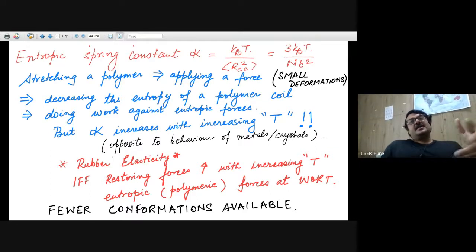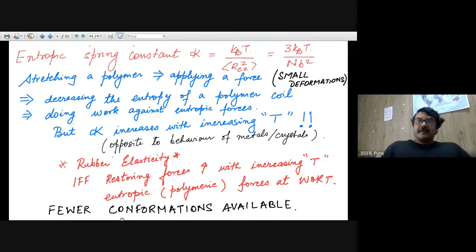and that happens because the elasticity is coming not from working against the energy, not from increasing the energy between the atoms, but here you are working against an entropic free energy cost. So if the restoring force increases with increasing temperature, you know that stretching that material is providing an entropic cost, and this is the work.